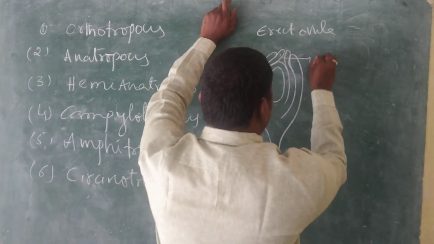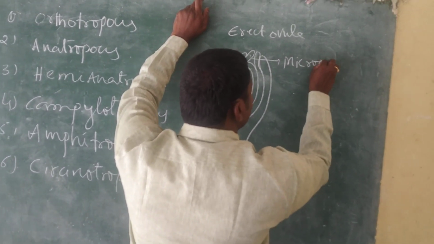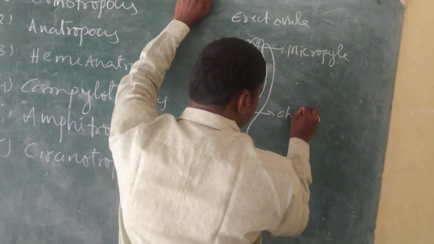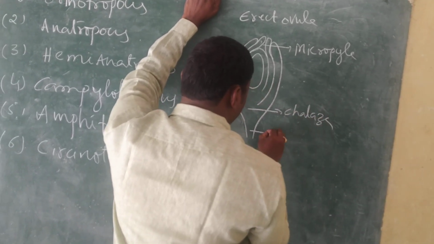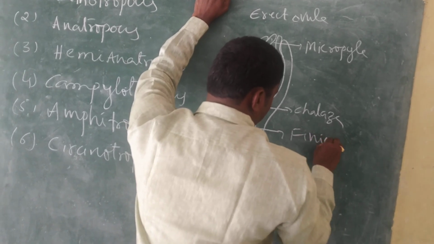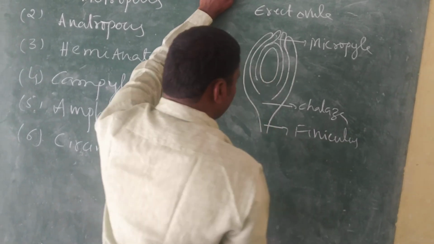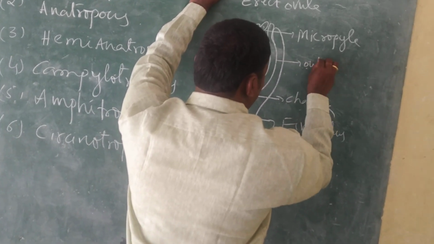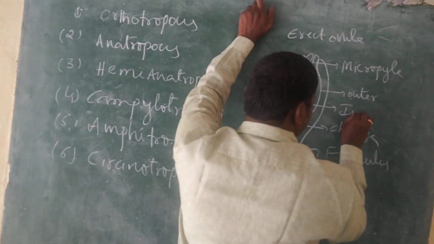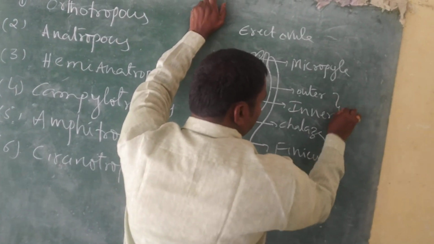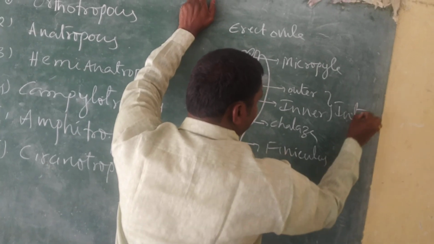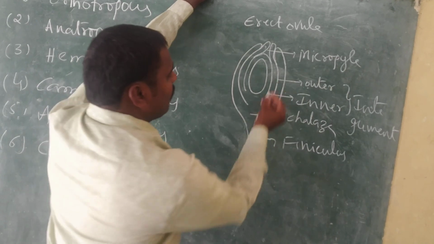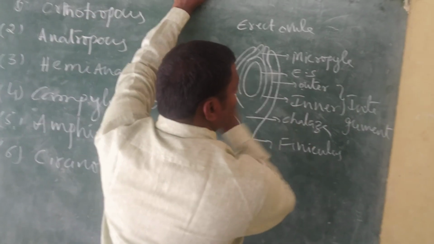See, this one is a micropyle, and this is a chalaza, and this is the funiculus. These are the outer integument and the inner integument, and this is the ES, embryo sac.